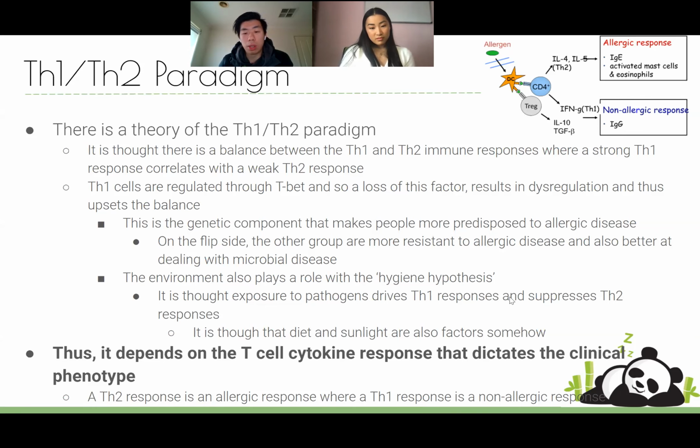It is thought to some degree that the hygiene hypothesis or your environment will play a role there, but how much that plays a role is up to research, I think. But basically, you just need to know this is what they're thinking. Which one you have more likely dictates which clinical response you're going to have. And so you can balance it towards your Th1 response to reduce these immunological diseases.